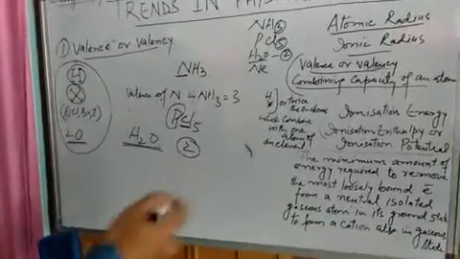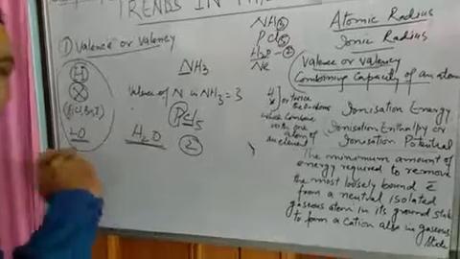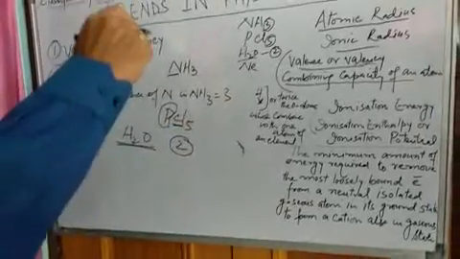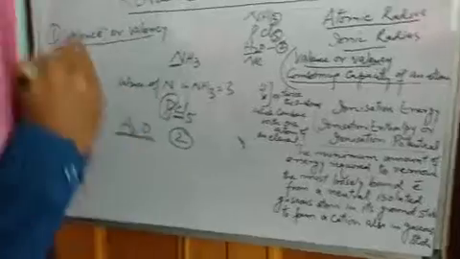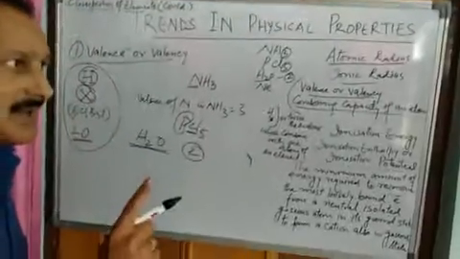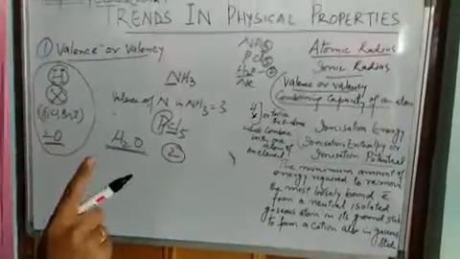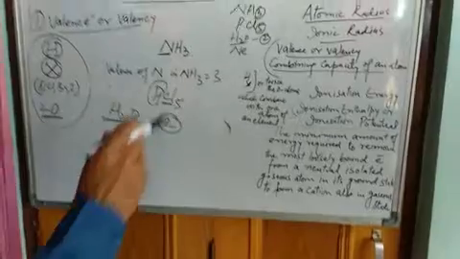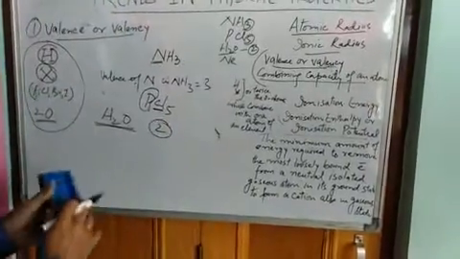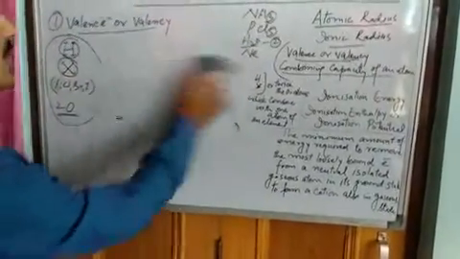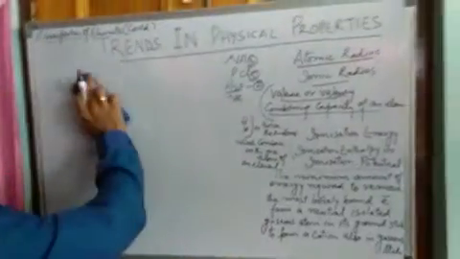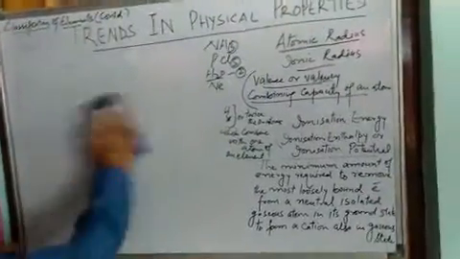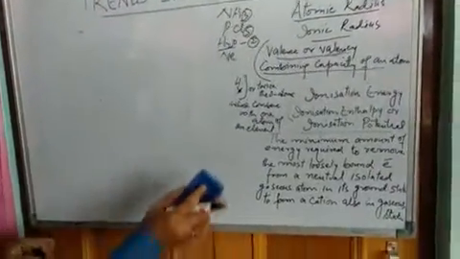This is the trend of valency along a period. But in a group, it remains the same. Please remember, the valency of elements does not change in a group. This was another physical property and its trend along a period and in a group.